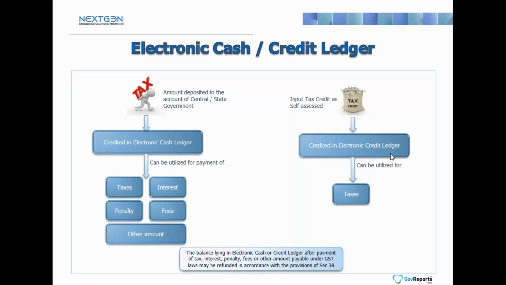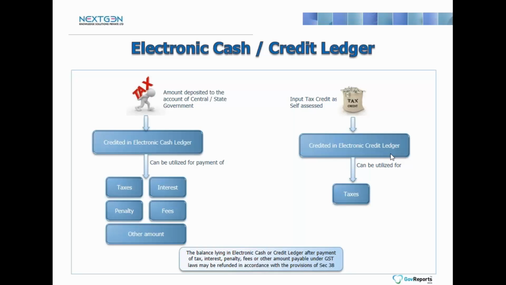Now, challan and payment: creation of challan for payment, and electronic and cash payment. Friends, at the GST portal, the taxpayer will be required to create the challan by putting the amount in various heads and subheads, interest, penalty, fees, etc. And after creation of the challan, the payment of the challan can be made for the tax liability.